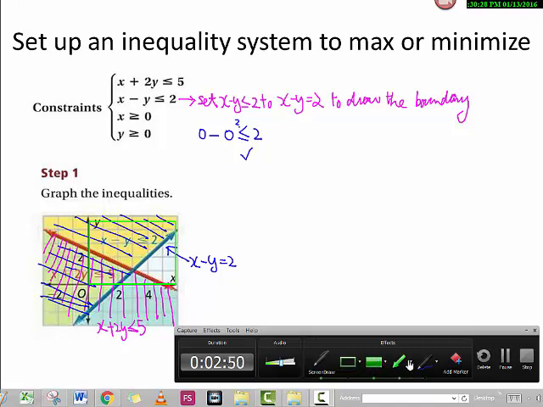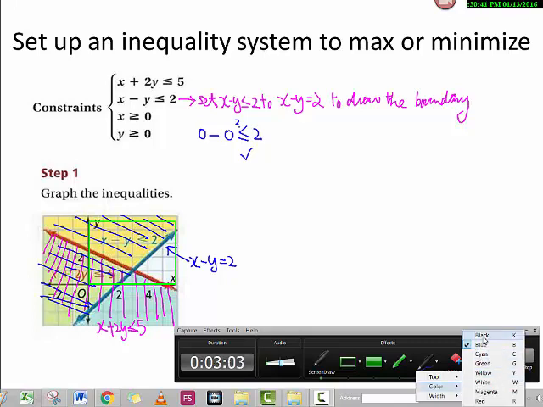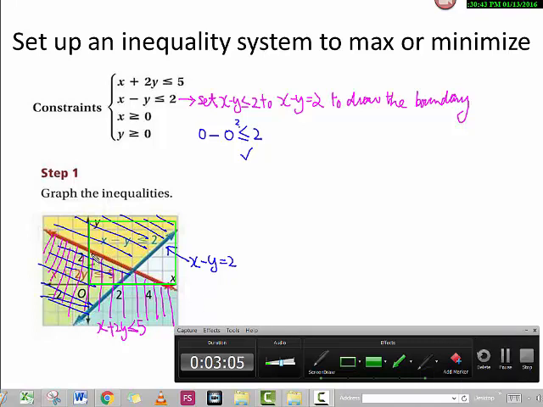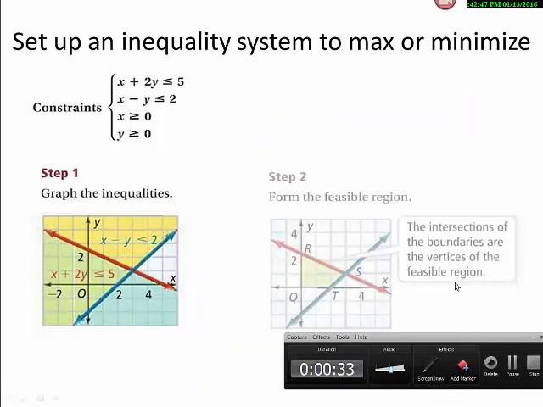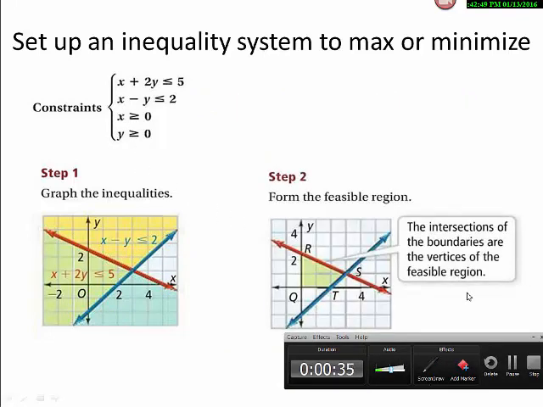I'm just going to color it for you so you can see it. How about this time I pick black. So this whole area is the feasible region, and in other words, any point here will make all these inequalities true. So this is the feasible region.